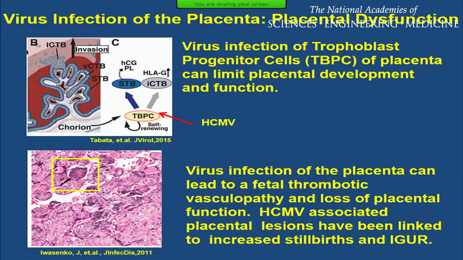In addition, other investigators have shown that CMV can infect the placenta and result in a thrombotic vasculopathy, which again decreases the function of these functional units of the placenta. In both cases, these interrupt nutrient and oxygen supply to the fetus and can result in damage in the central nervous system and damage in other organ systems that probably contribute to some of the syndromes we see with congenital viral infections.